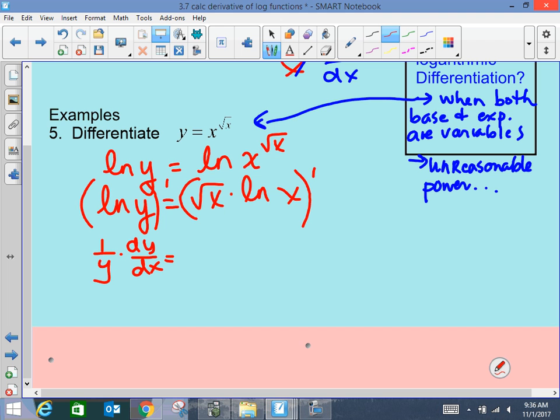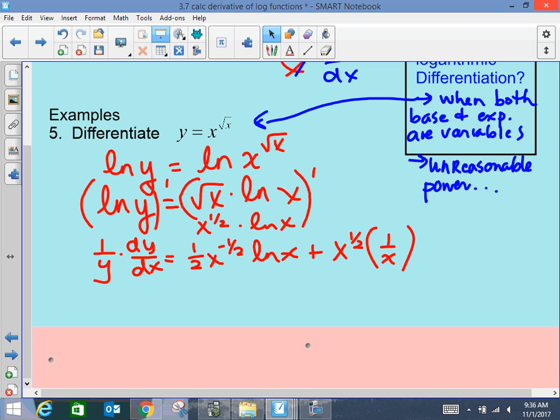This is x to the 1/2 times ln x. All right. Derivative of x to the 1/2 is... good. Times ln x plus x to the 1/2 left alone. What's the derivative of ln x? 1 over x. Again, are you all getting to the point where you don't have to write that prime piece out at all? Yes, good.